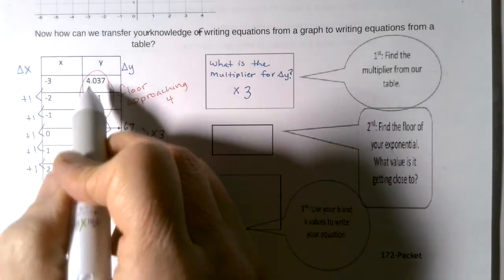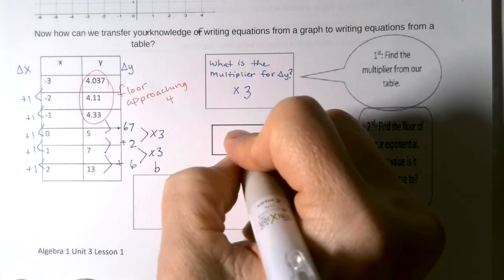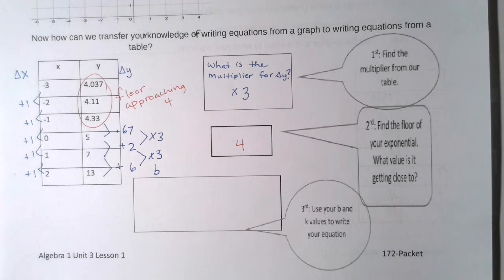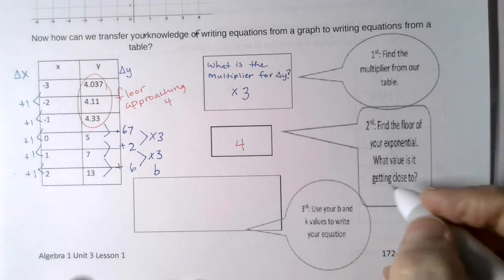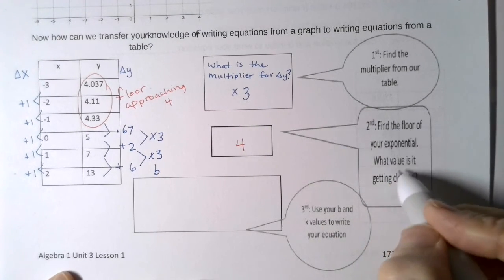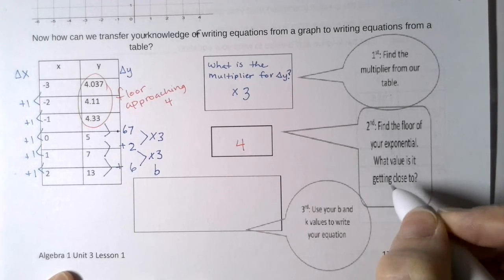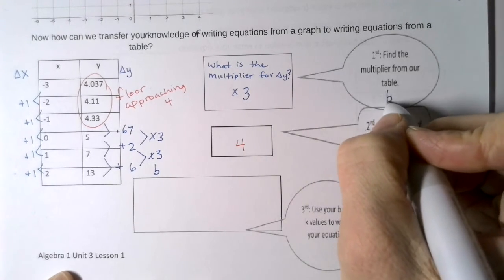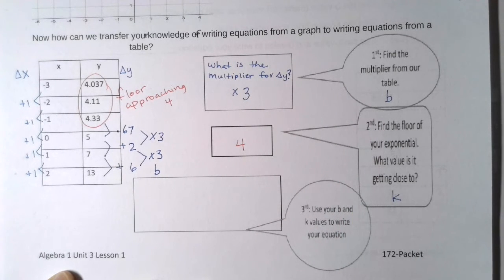So because you can see those values are approaching 4, I know that my k value is 4. So remember, finding our floor has to do with our k value. Finding our multiplier has to do with our b value. That's what these values are going to be, and now we're going to put them into our equation.